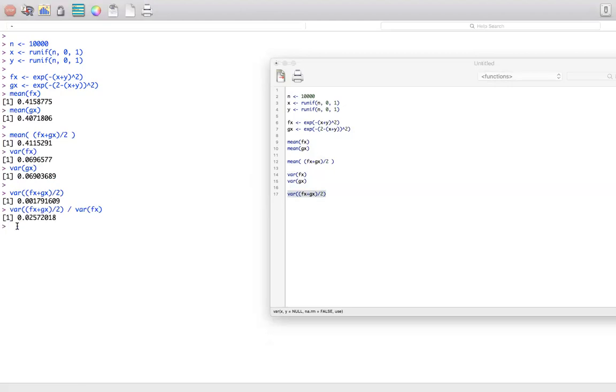It's only about 2.5% of the variance of the usual form, the first form you learn in Monte Carlo estimation. But if you use antithetic variables, it led to a reduction in variance of almost 98%. So this type of estimator would be much more preferred than the original form.